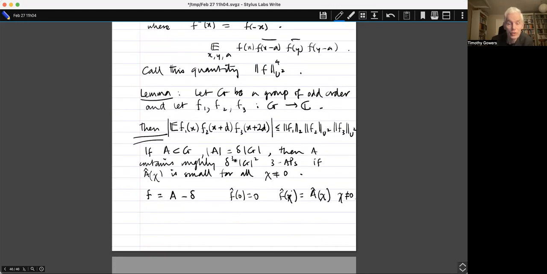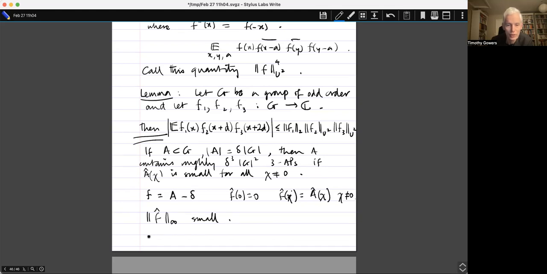So the condition that A hat of chi is small for all chi not equal to 0 is simply saying that the L infinity norm of f hat is small. So a condition for A to contain roughly the expected number of progressions of length 3 is that the L infinity norm of the balanced function should be small.